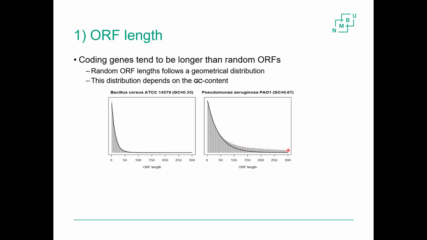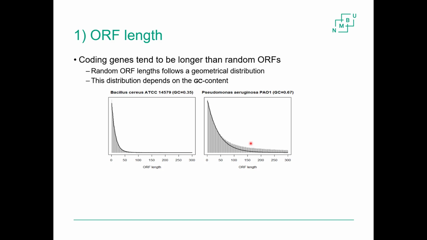There are many more of the long ORFs than there actually should be if it was completely random, which is the black curve. And this is, of course, because during evolution, longer ORFs have been selected because they can code for real proteins, right? You need a certain length of the gene in order to code for a certain protein.